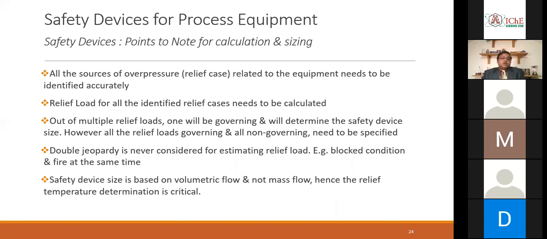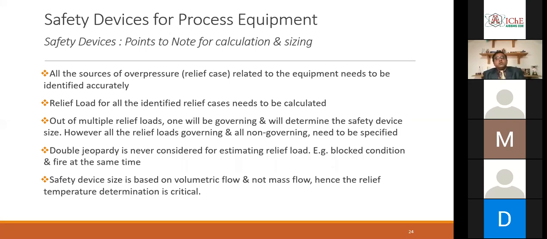Very important: safety device size is based on volumetric flow and not mass flow. Hence, the relief temperature determination is very critical. That's why I always keep telling that relieving conditions are very important. If it is a volumetric flow, then your properties become very critical.